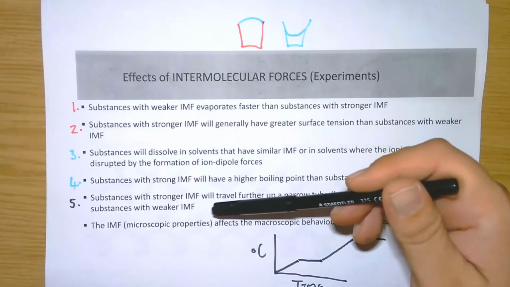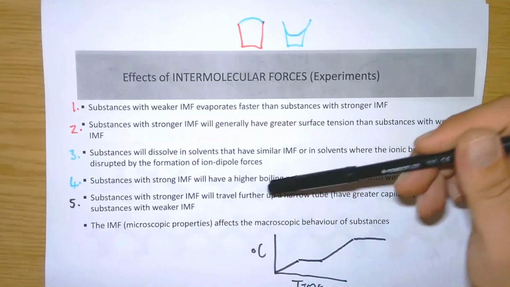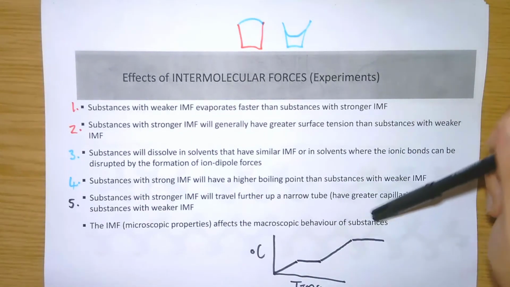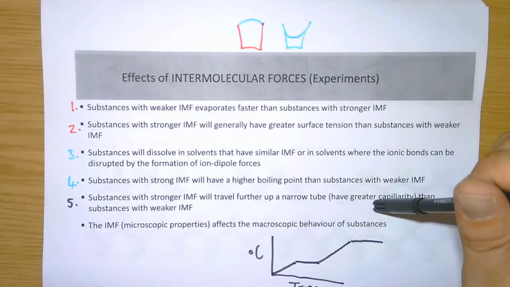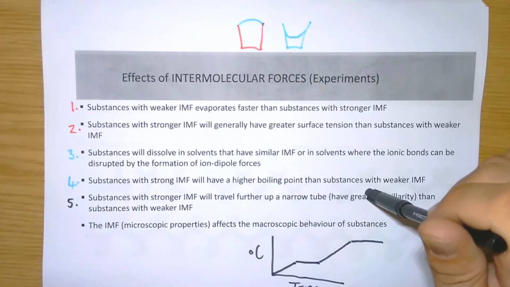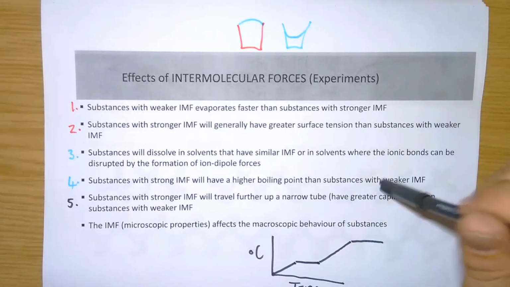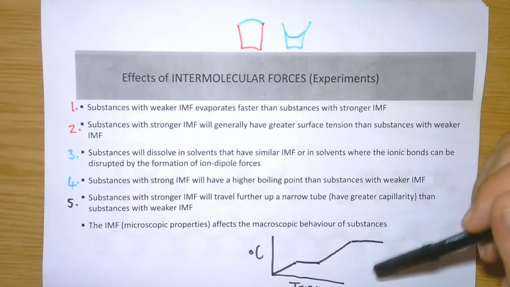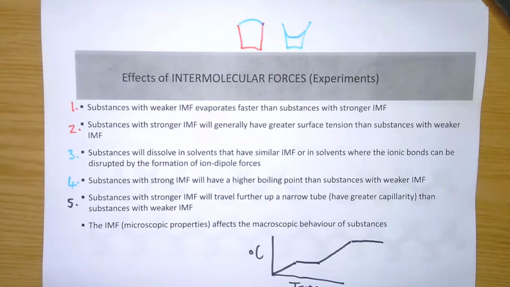The intermolecular forces, microscopic properties, affect the macroscopic behavior of the substance. Now that's a mouthful. Basically all they're saying is the way that the molecules bond affects how the molecules act in terms of all these properties that we can see.